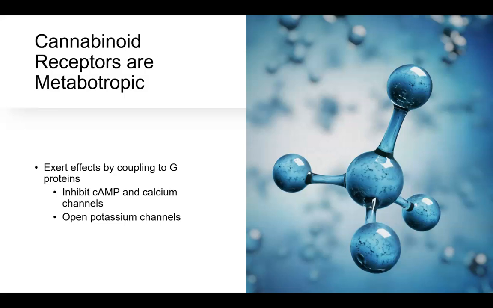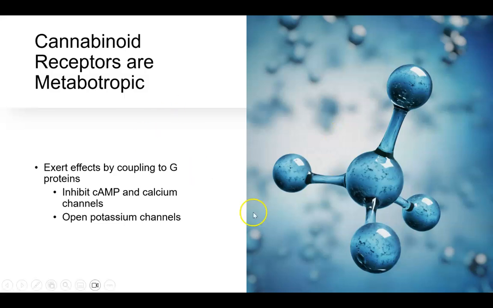They couple to G proteins, and they inhibit cyclic AMP. They also inhibit voltage sensitive calcium channels, and they open potassium channels. So largely, you see a lot of inhibition going on.